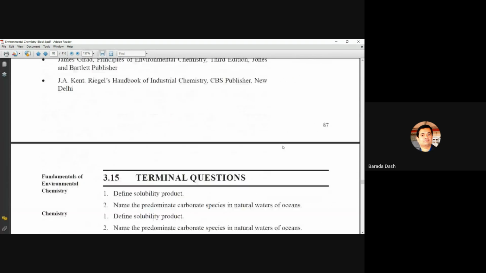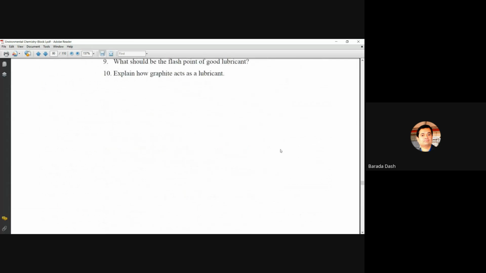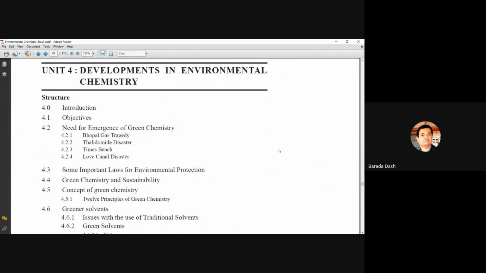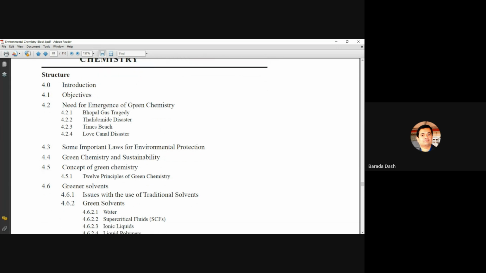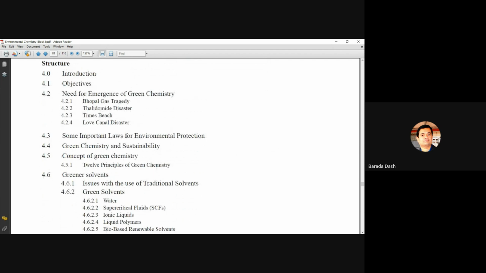So with this, we are done with this part. And then finally, developments in environmental chemistry. The need for emergence of green chemistry: Bhopal gas tragedy, thalidomide disaster, Times Beach, Love Canal disaster. These are the evolution of green chemistry to reduce pollution-generating processes.